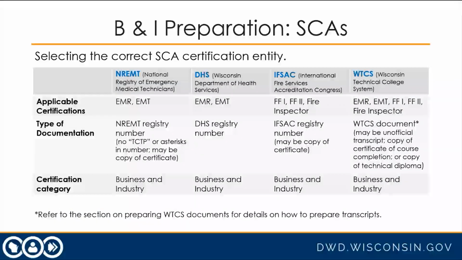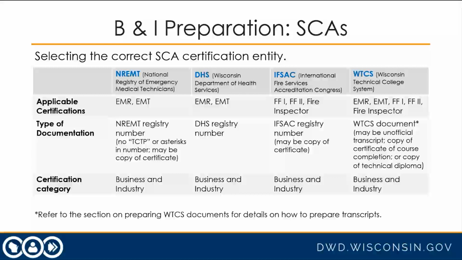Continuing to look at the Student Completion Award certifications, this slide shows which certification entity you should choose. If you have documentation issued by the National Registry of Emergency Medical Technicians, you must choose the NREMT as the certification entity and then select either EMR or EMT.